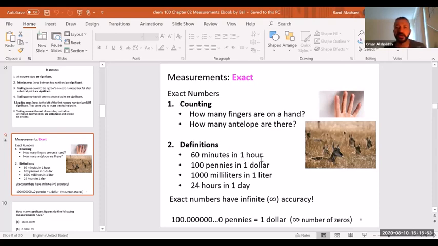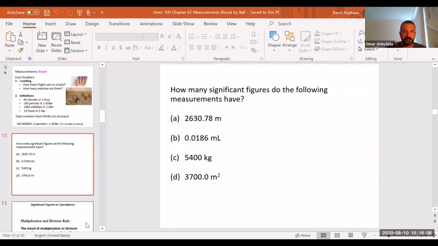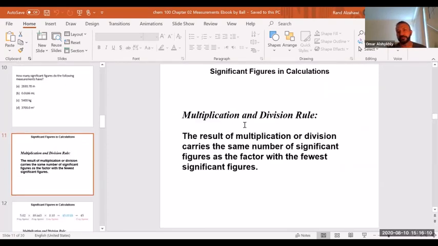Okay, so when you are dealing with a calculation and looking for the significant figures, don't look at the significant figures of the conversion factor. Okay, now let's look at the rules for using significant figures in calculation.